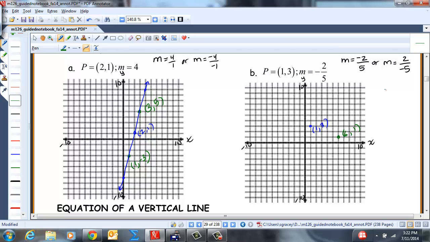Now if I use the other slope, I'd be going up 2 from 1, and then 1, 2, 3, 4, 5 to the left. So up 2 from 3 is 5, and then 5 to the left of 1 is -4. So then we would graph the picture of this line. Uh-oh.